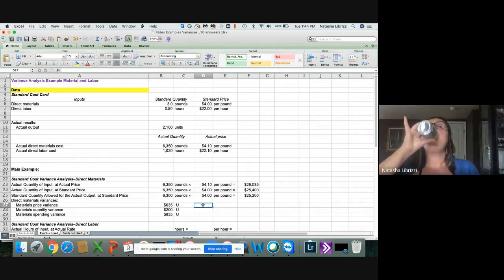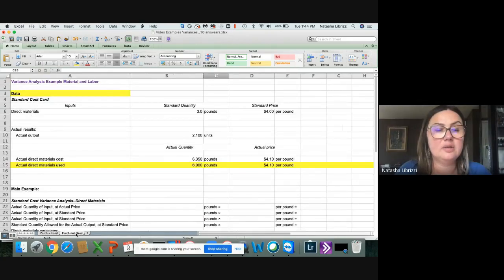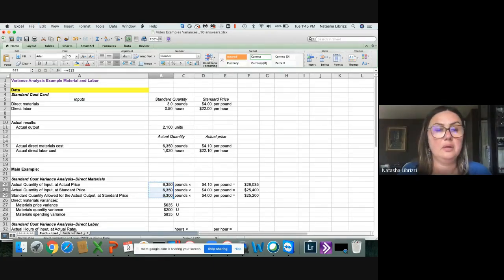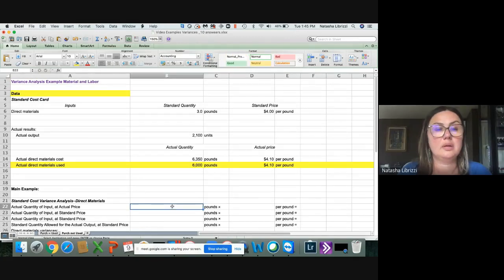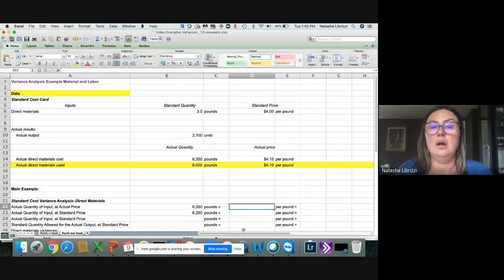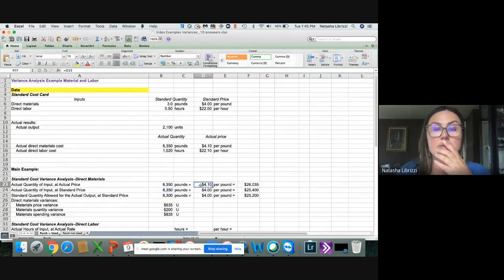Now, to extrapolate this, before I go to the labor variance, on this sheet right here I created another example. Okay, so here I took the same example.